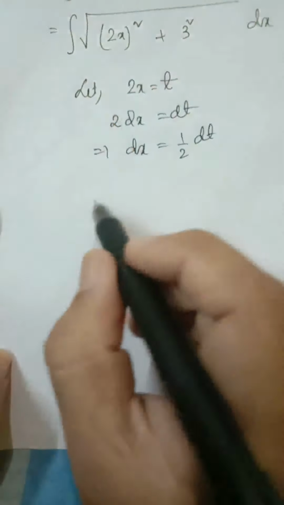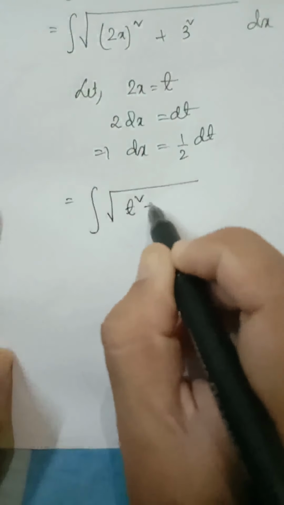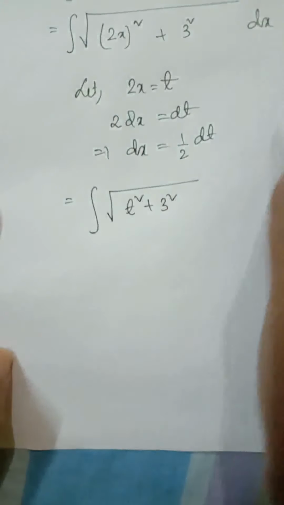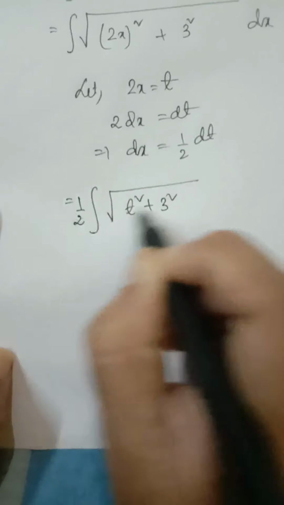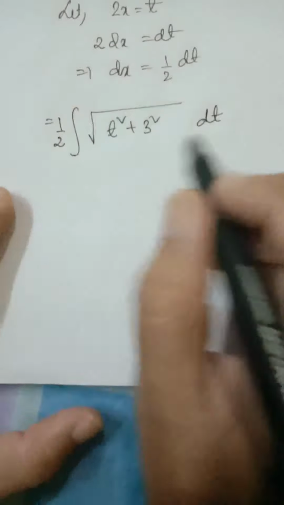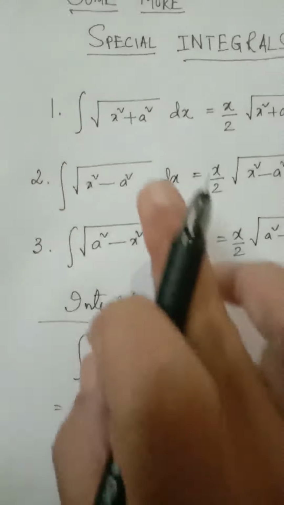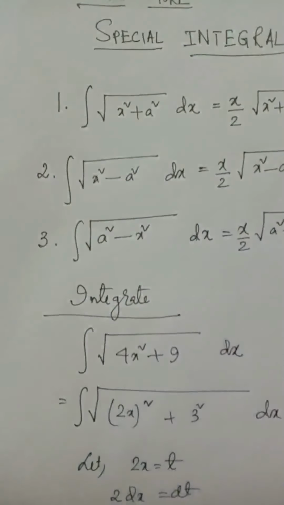Now this becomes integration of root over t square plus 3 square, with dx equal to half of dt. This integral is of the form root over x square plus a square.